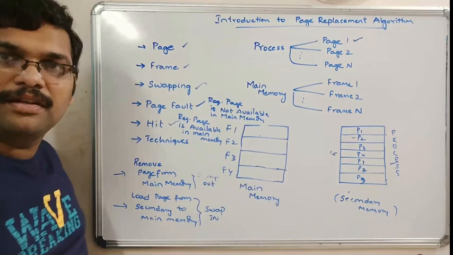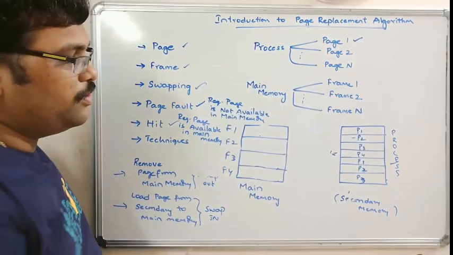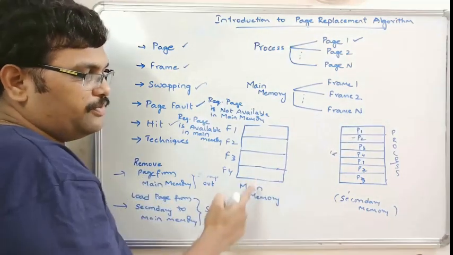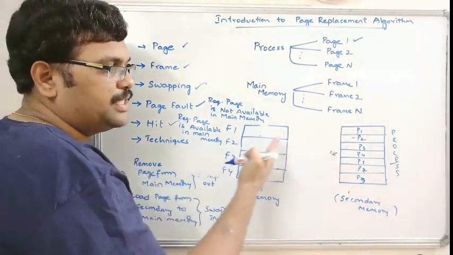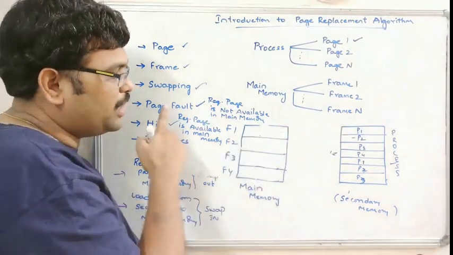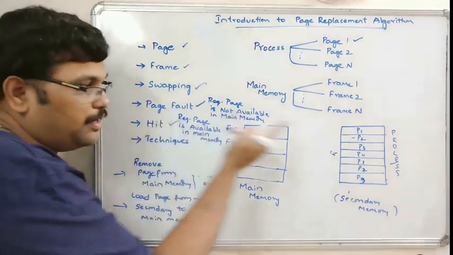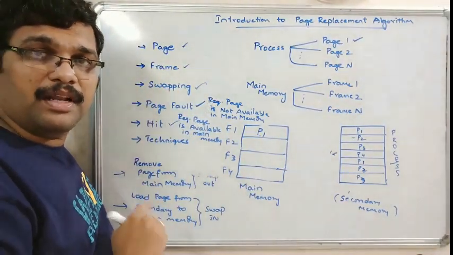The processor wants to execute the process in this way. First, the processor will find whether page 1 is available in the frame. All frames are empty, so it is not available. That means there is a page fault. So P1 will be here. There is one page fault till now.